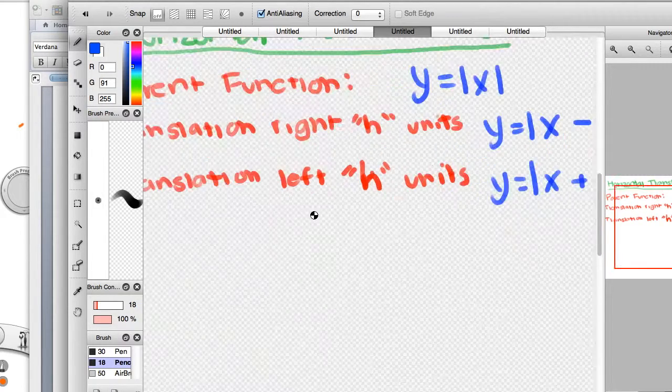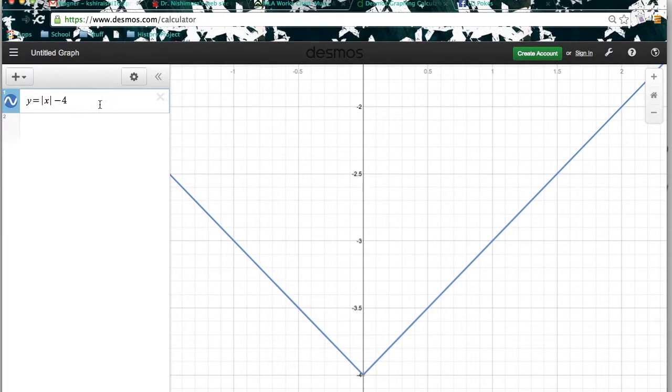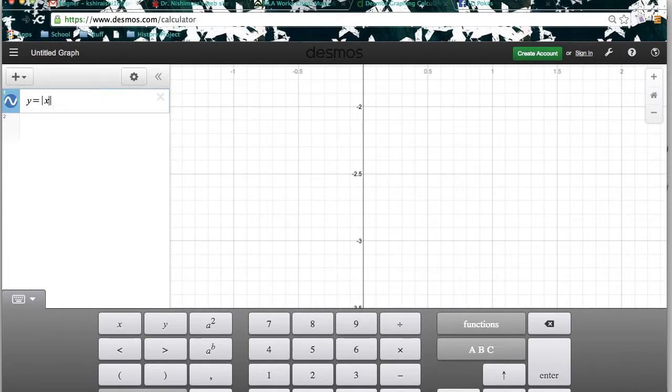To show you, I'll use the graph again. Let's delete this and do 4 again, so let's do plus 4.